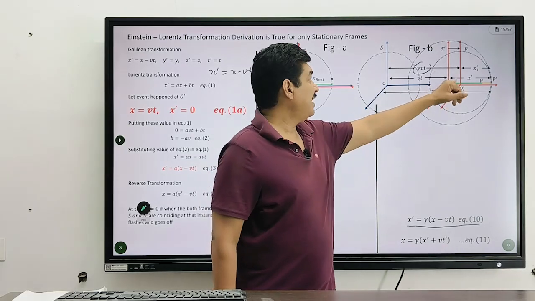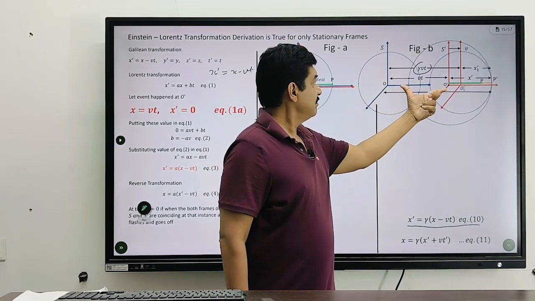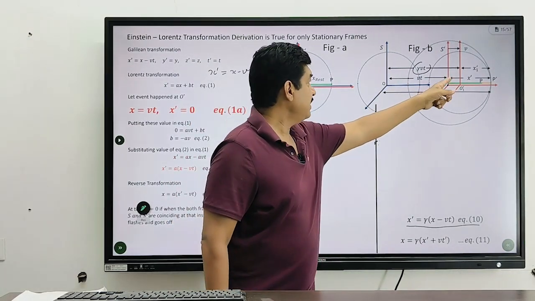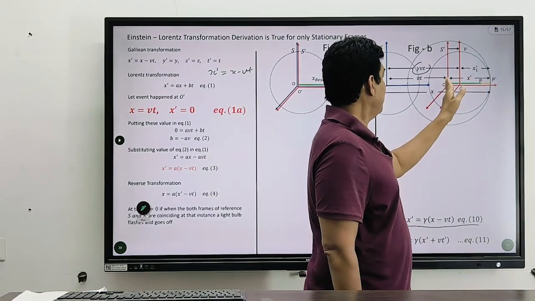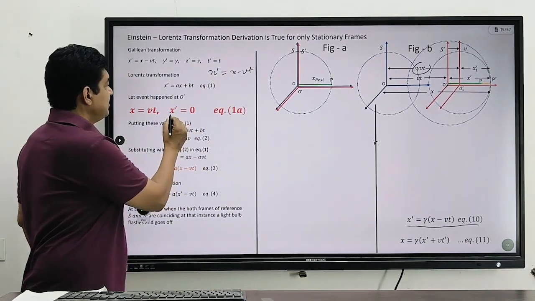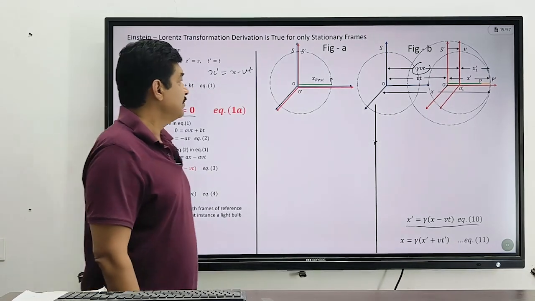Because it happens at the origin, x prime is equal to 0, because this point is at the origin. So they have taken x prime is equal to 0. That is 100% correct, right?